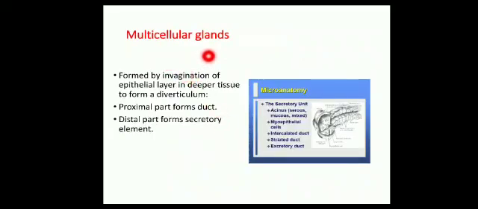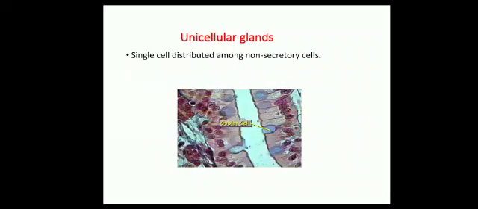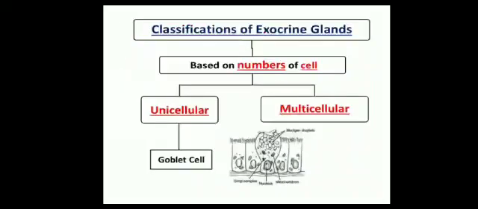And the multicellular glands are formed by invaginations of the epithelial layer into deeper tissue to form a diverticulum. The proximal part forms the ducts and the distal part forms the secretory element. So, this is the first classification based on the number of cells.